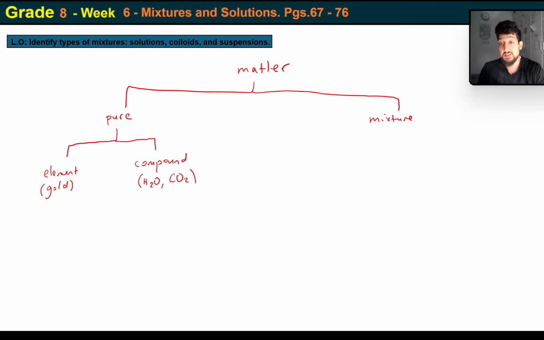Now, as far as mixtures are concerned, they can either be homogeneous or they can be heterogeneous.